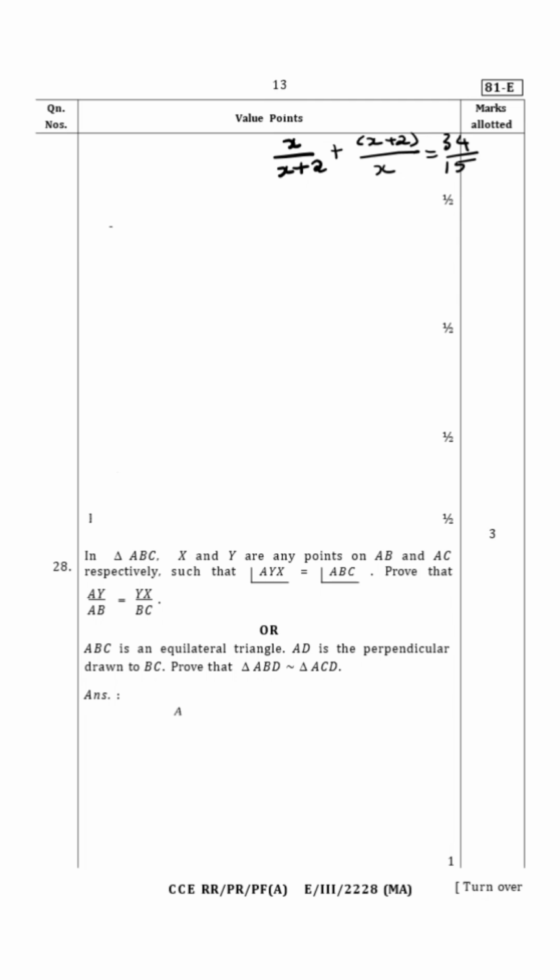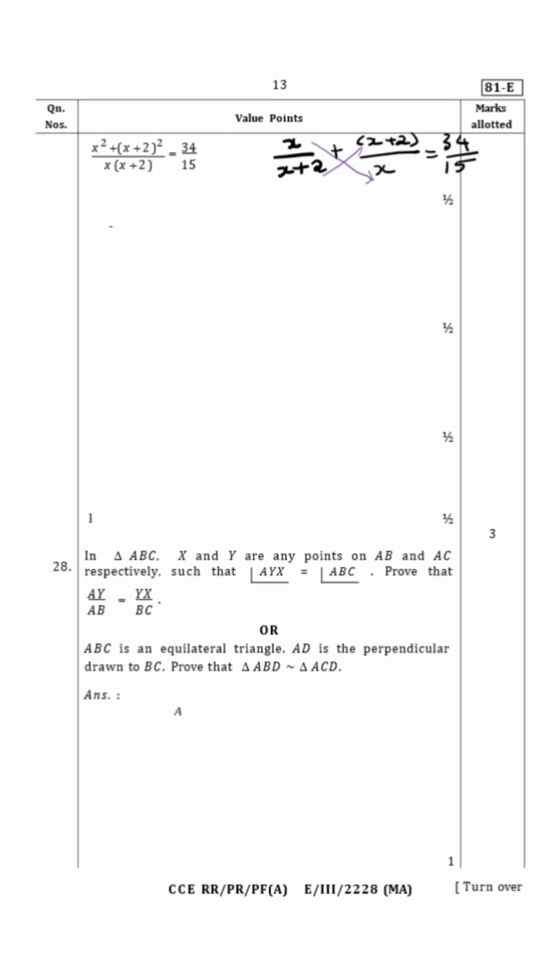Now let us take the LCM of x plus 2 and x, which is x plus 2 into x. Now we have x into x, x square, plus x plus 2 into x plus 2, x plus 2 the whole square, upon x into x plus 2 is equal to 34 by 15.